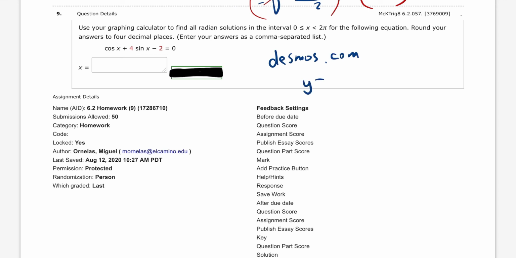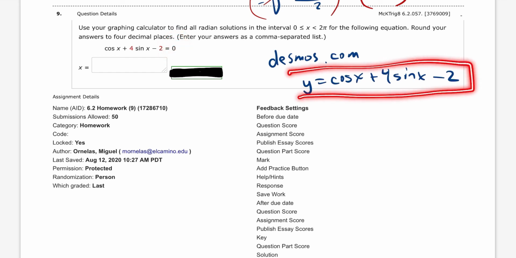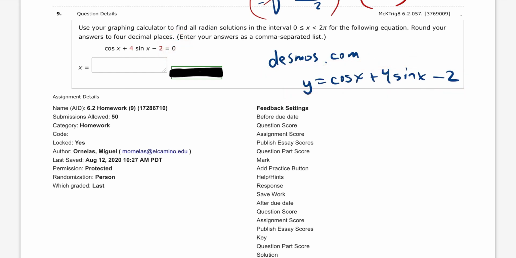Type in y equals cosine x plus 4 sine x minus 2. Don't do the 0 part, just y equals. So type it in exactly the way you see it into desmos.com, and you will see wherever the graph intersects the x-axis. So your graph might look something like this.